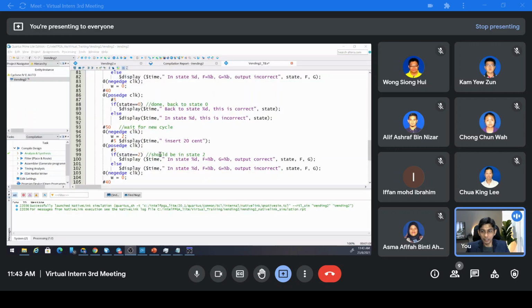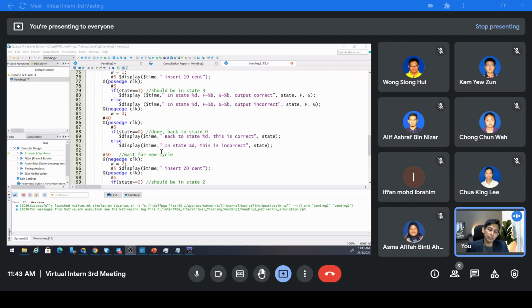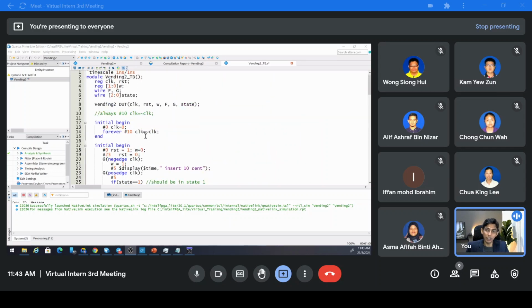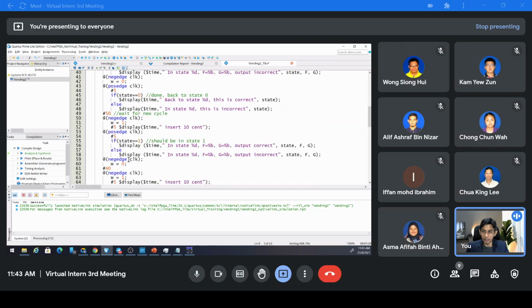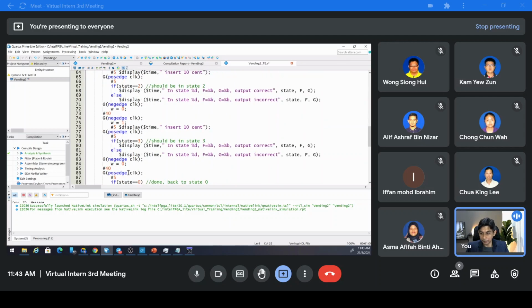Okay, so the project is actually based on what we have today. We will use the finite state machine to create the circuit. All right, and the project is quite practical in terms of application.